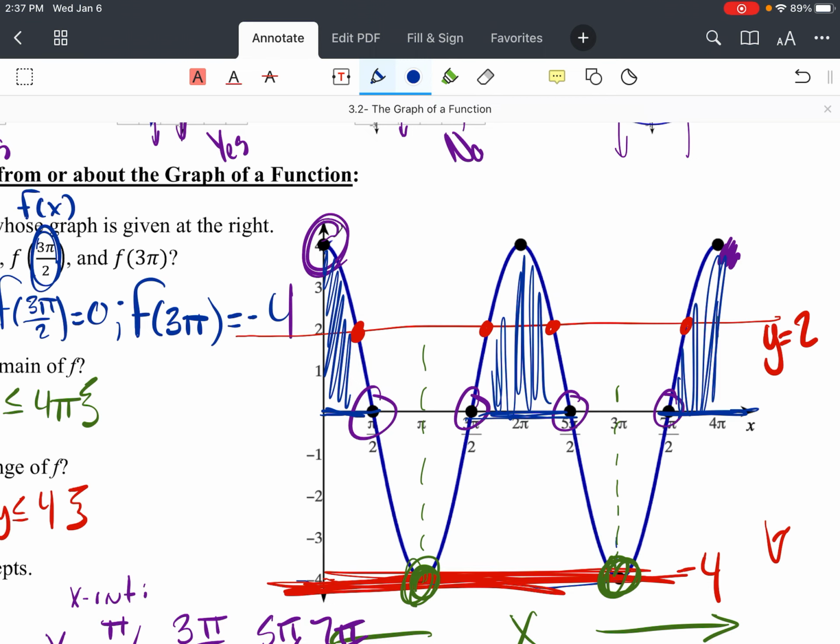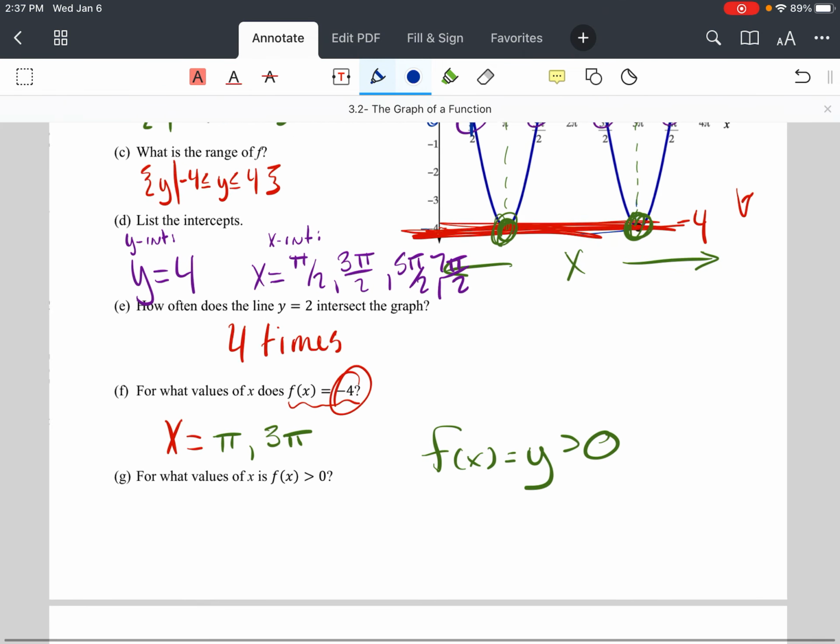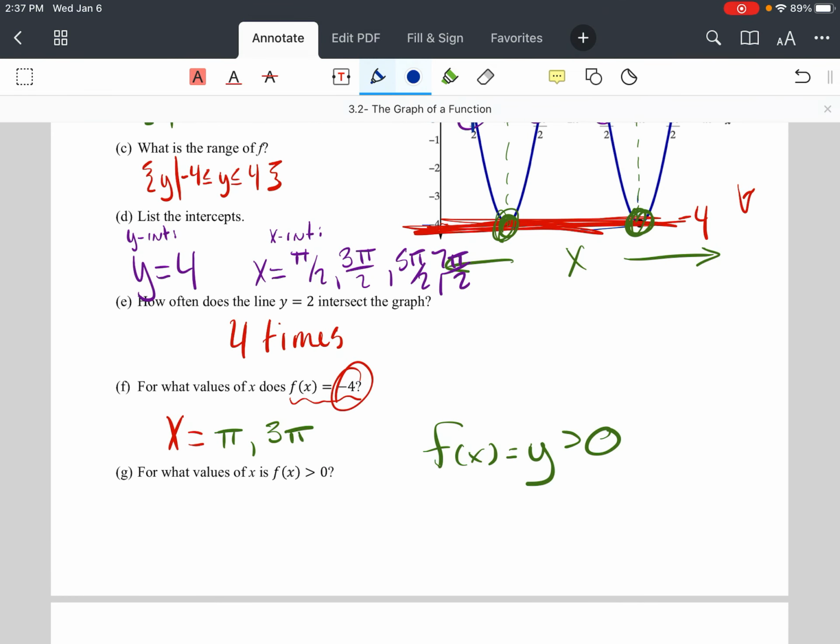So on this first interval, this first hump, it goes from 0 all the way up to 2 pi. So I'm going to have to write that as an interval. I'm going to say that f of x is above 0 from 0 all the way to 2 pi. Sorry, not 2 pi, it's pi over 2. My bad. All the way up to pi over 2.